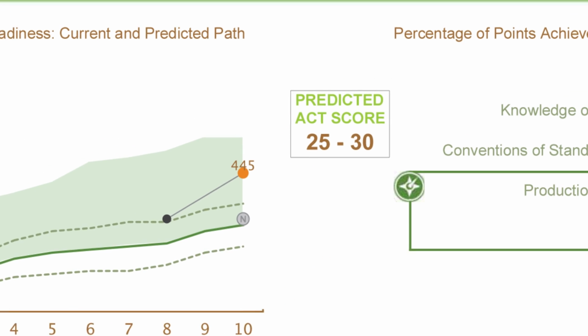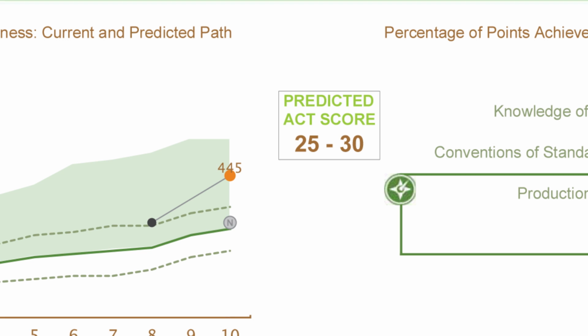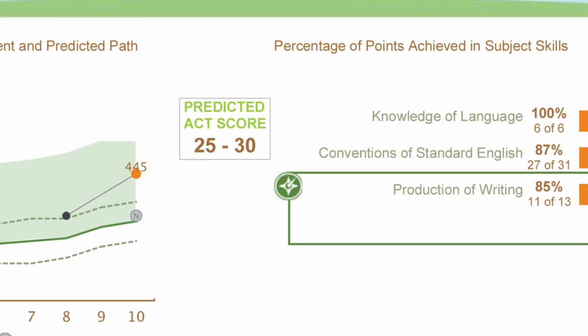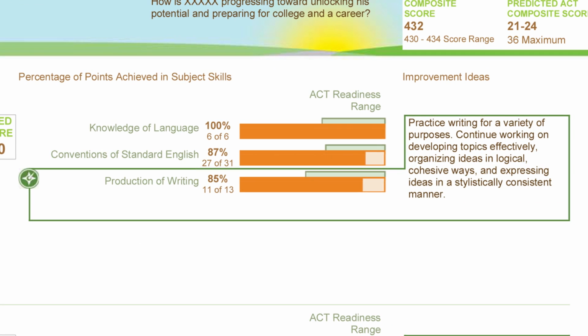Out to the right for this student, because it is a 10th grader, you see also a predicted ACT score. If this student continues progressing at the expected rate, he or she will achieve a 25 to 30 on the English portion of the ACT with writing. You also find on the current progress report a list of reporting categories by subject.